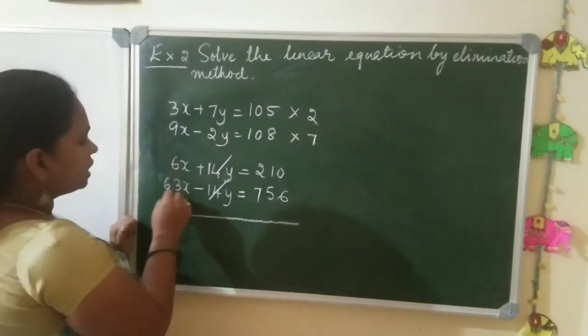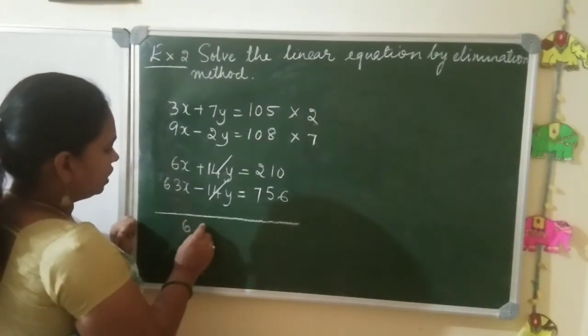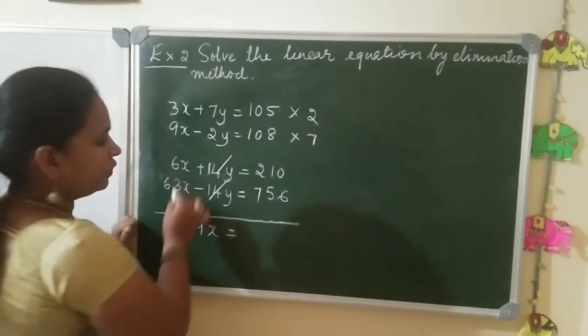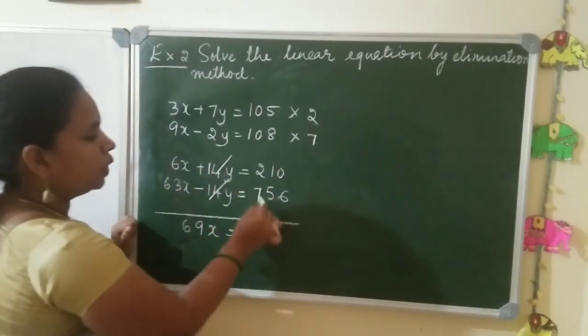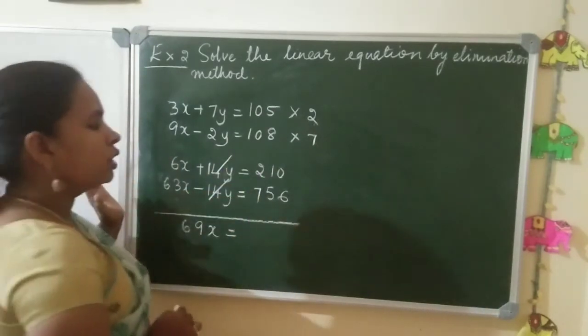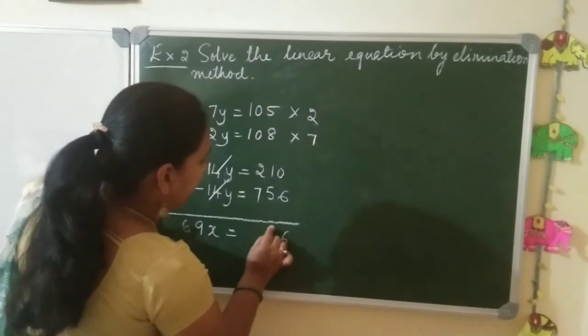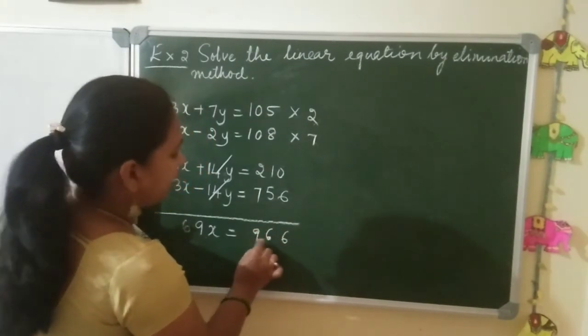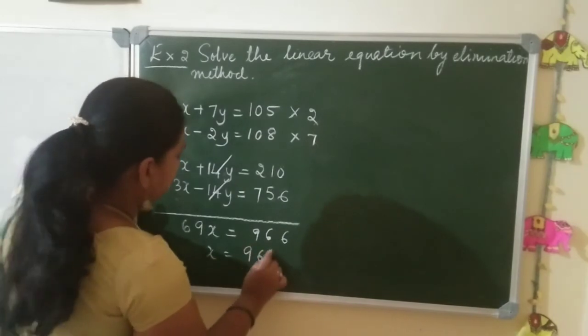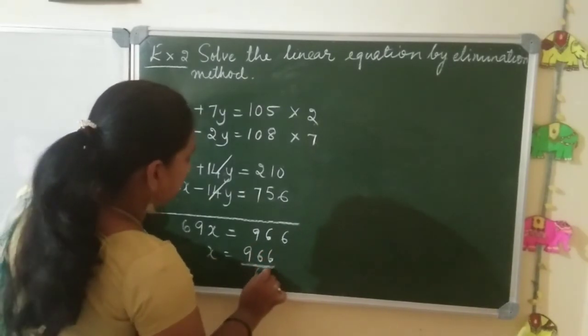So this will be 63 plus 6, that is equal to 69x, equals, here add these two. Why we are adding is, there is no other symbol here in between. Both are positive numbers, so we need to add it. So it will be 966. So x will be equal to 966 by 69.